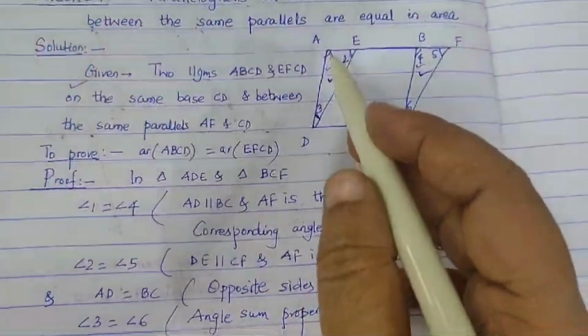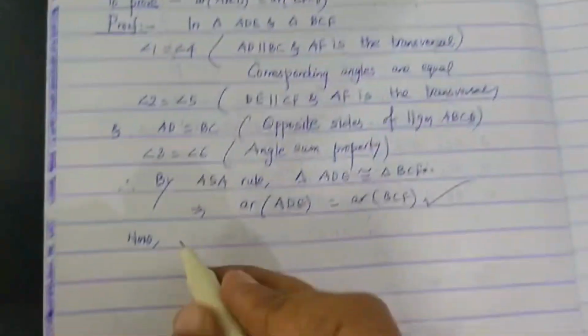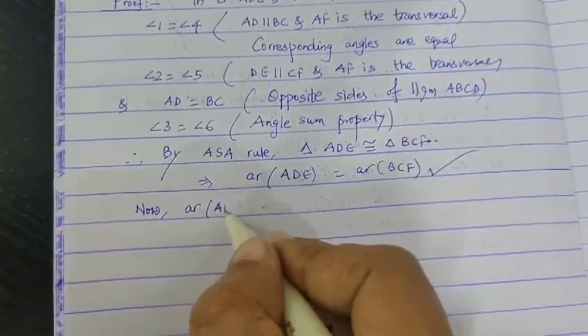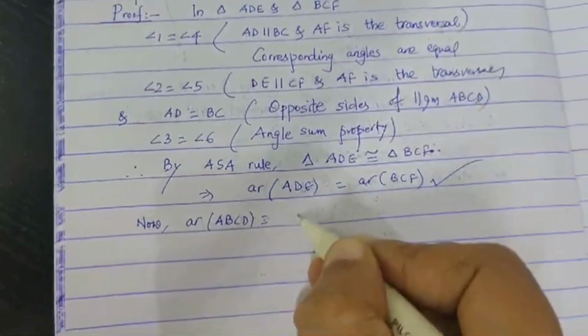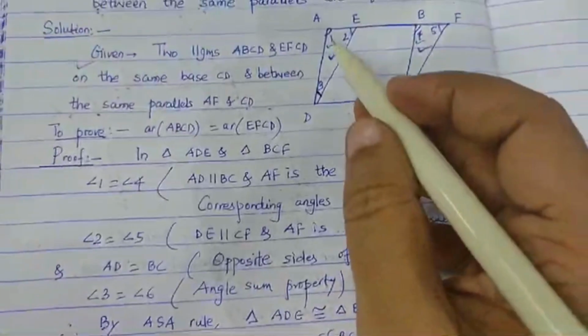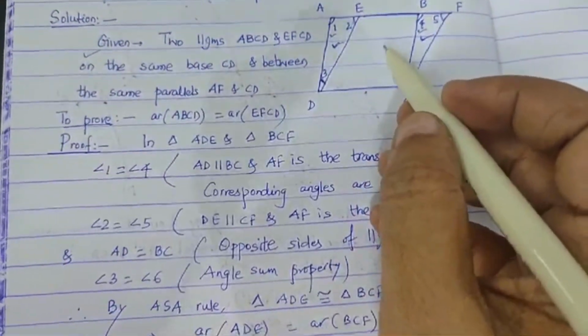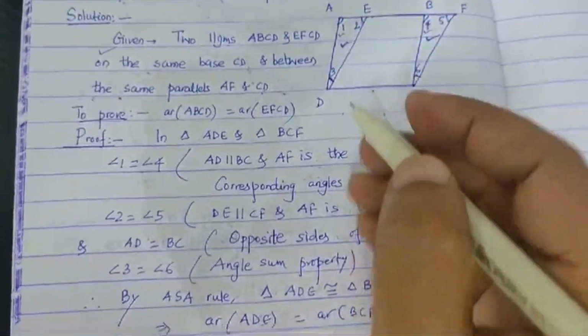come to this figure. Area ABCD is equal to what? Is equal to area of this triangle plus this figure EBCD. Okay.